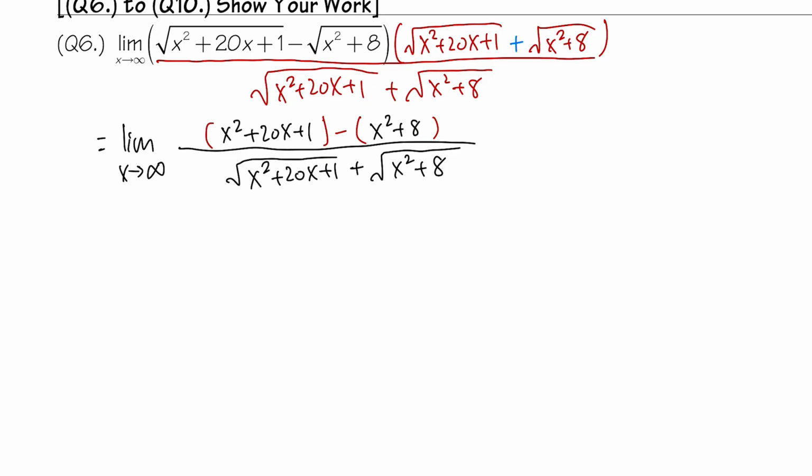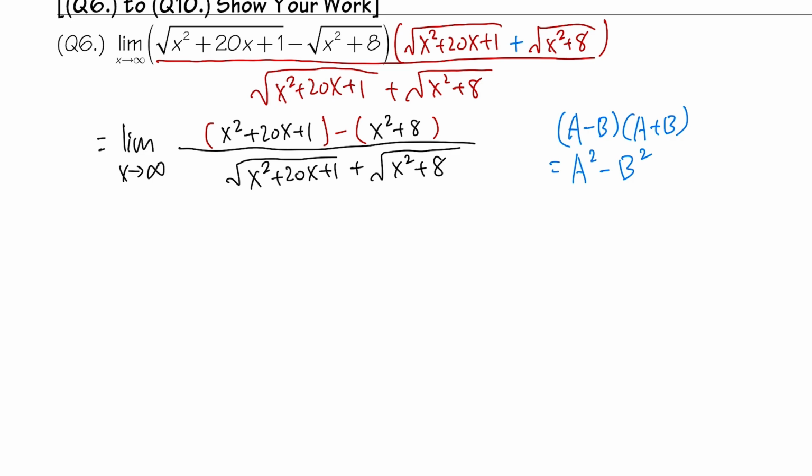All right. And again, the idea is that we're using the difference of two squares formula: a minus b times a plus b gives us a squared minus b squared. So use this to multiply out the top whenever we have the conjugates.